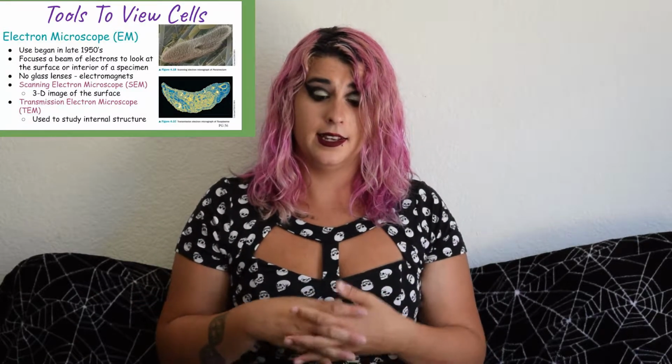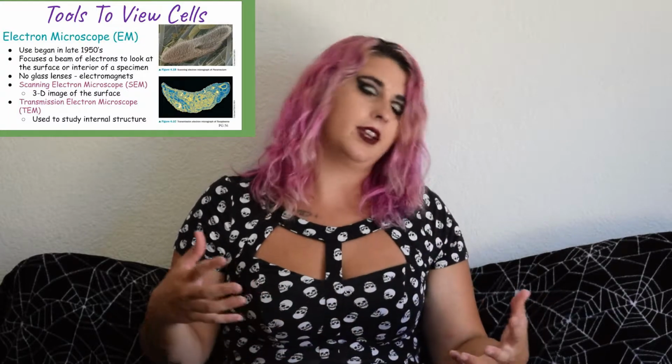And again, these images can be colorized or not, and there's different ways of staining and other computer programs that go into using these specific kinds of microscopes. But that is about what you need to know about how they work.